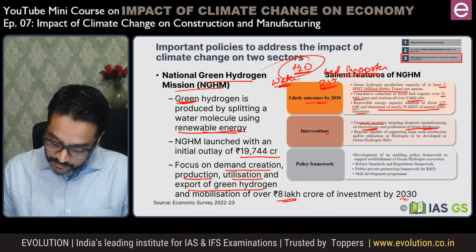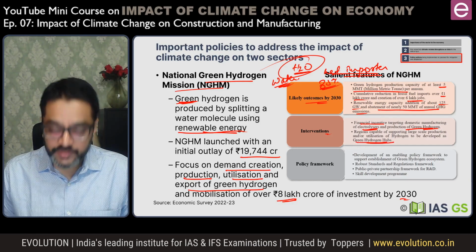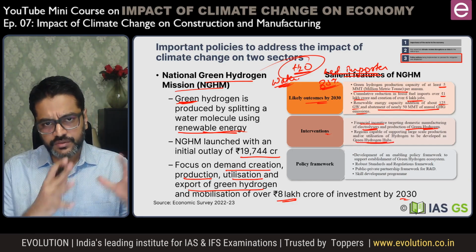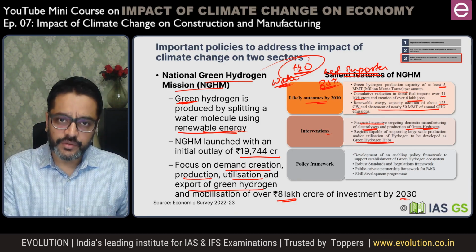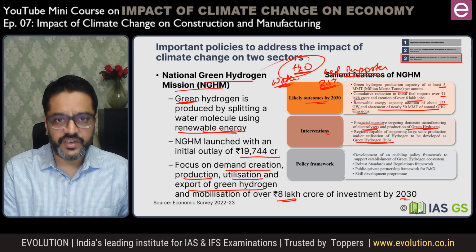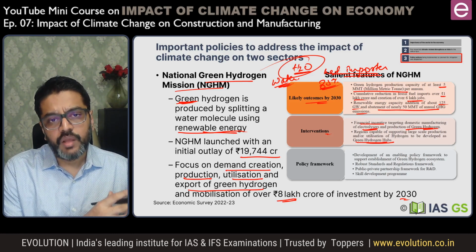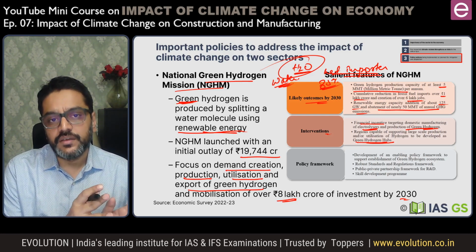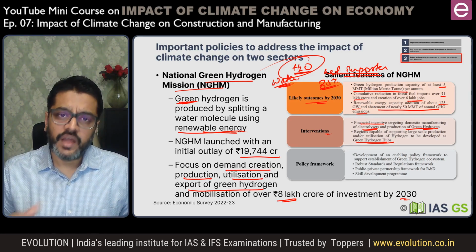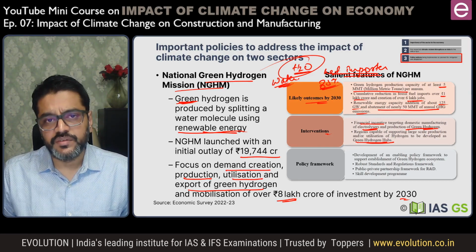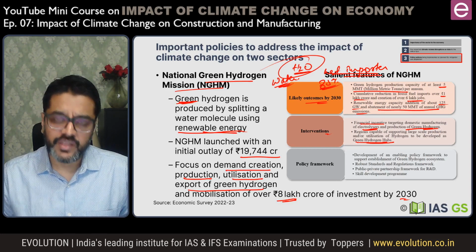And then what we'll do is we'll develop things called green hydrogen hubs. So specific areas focus on developing the entire ecosystem around the manufacture of green hydrogen. So capacity to manufacture electrolyzers and then basically synthesize the water molecule into green hydrogen, and then how to store, how to transport, all those facilities in single hubs will be created, right?